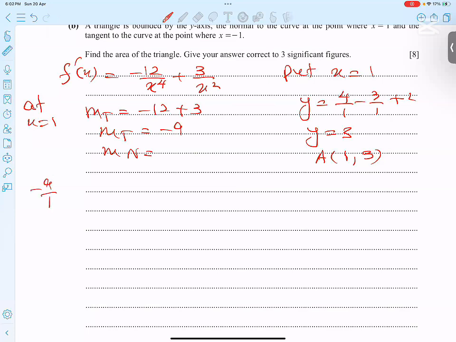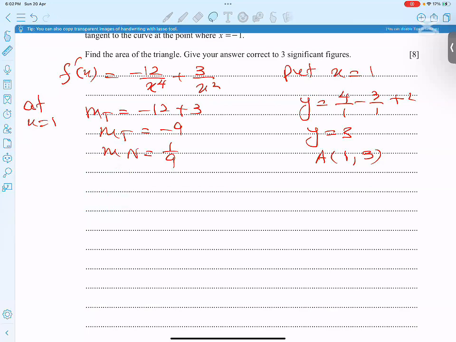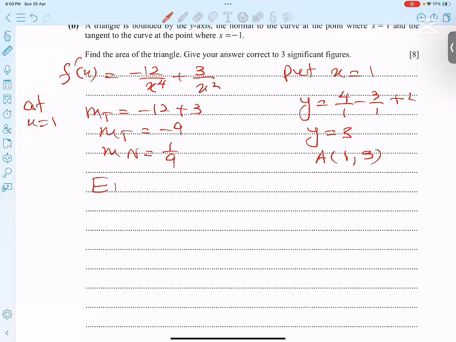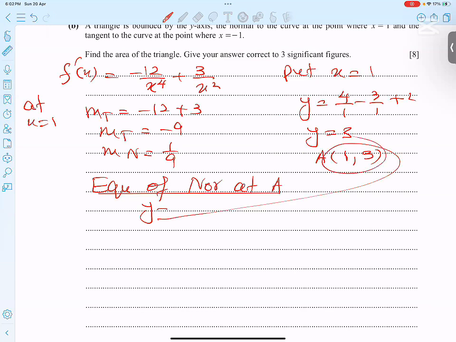Negative 9 has 1 under it. 1 goes up, 9 goes down, and the sign changes. So 1 over 9 is the gradient of the normal. Now, students, I'm going to find the equation of the normal. So what is the equation of the normal at A? A lot of attention is required at A. And the formula, all of you know it: y minus, I will use this point.